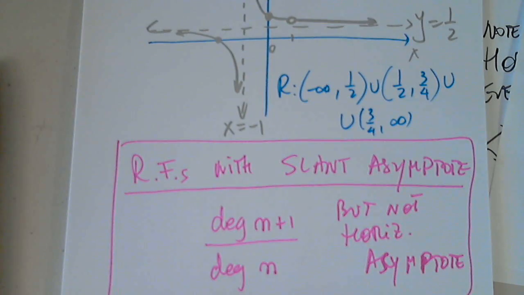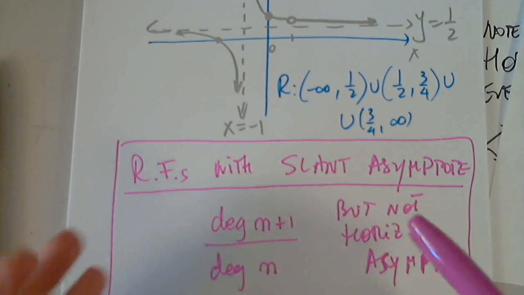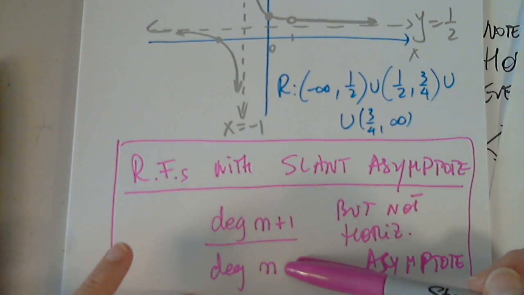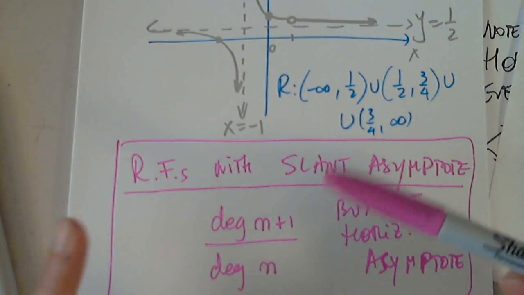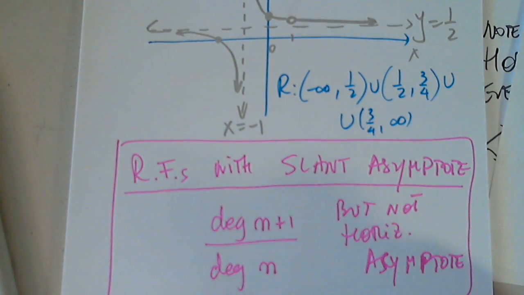Okay. Ready? So what would this really mean? Degree 3, degree 2. Degree 10, degree 9. Degree 7, degree 6. That's what it means. These are the only ones that have slant asymptotes.